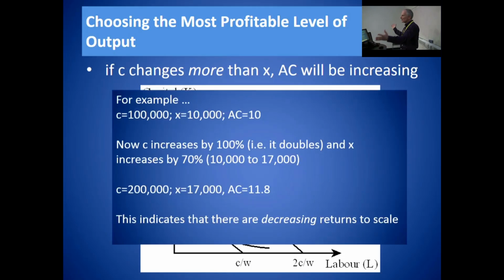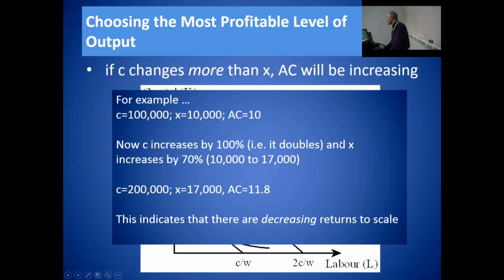Very quickly then, just to illustrate that, start off the same as before, costs £100,000, output of 10,000, that gives us our average cost of 10. Now we doubled all production costs by doubling all factor inputs, so there we go, costs increased by 100%.